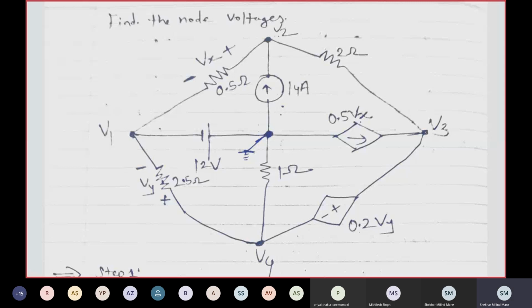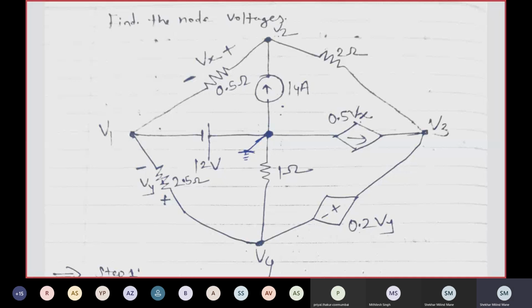Now from observation, you can see 0.2 Vy is a voltage source which is there between V3 and V4. So it forms a supernode.